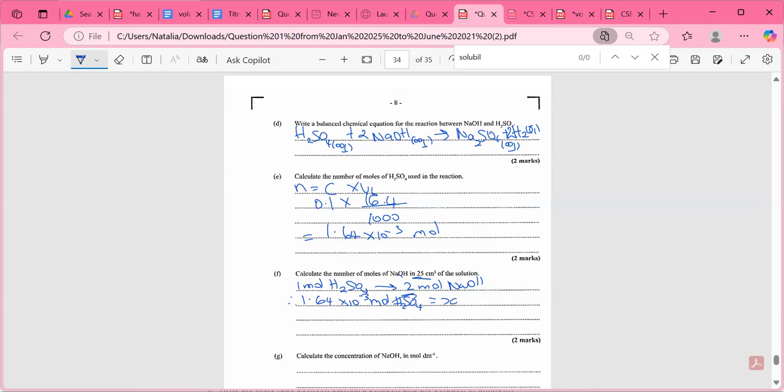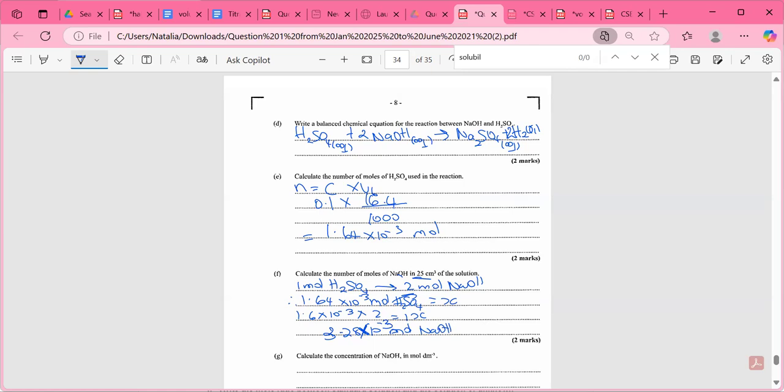Cross multiply: 1.64 times 10 to the negative 3 times 2 equals 1 times X, which is X. So X is 3.28 times 10 to the negative 3 mole NaOH.